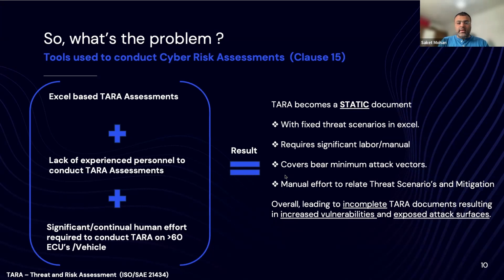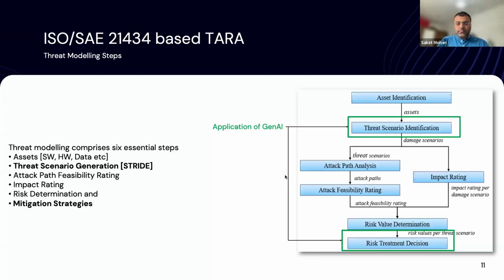It is laborious and only addresses the bare minimum to comply. Overall, this leads to an incomplete set of documents, resulting in greater exposure because a wide array of assets, or maybe the whole system consideration, has not been done, therefore leading to wider attack surfaces and, of course, increased vulnerabilities.